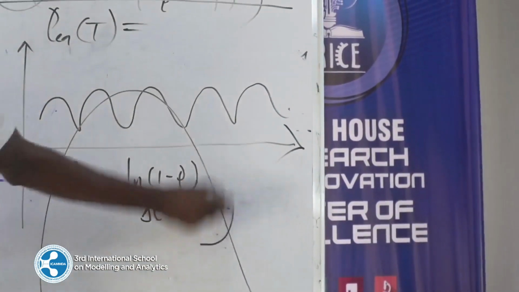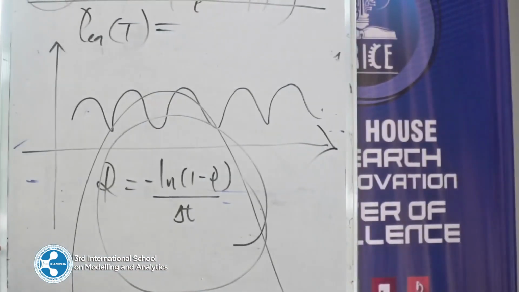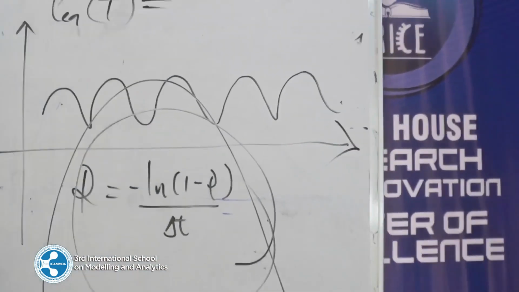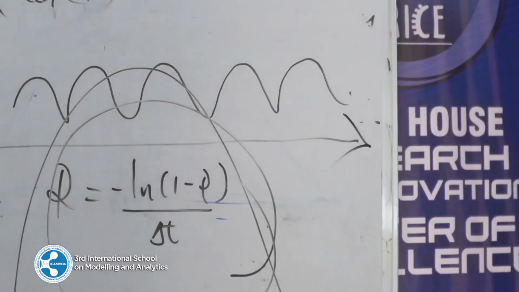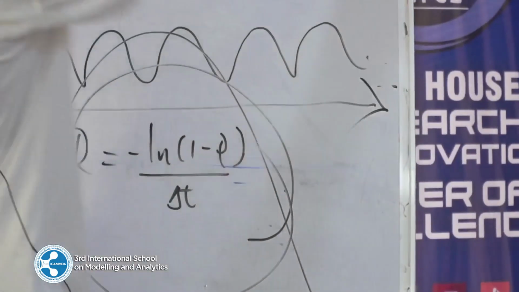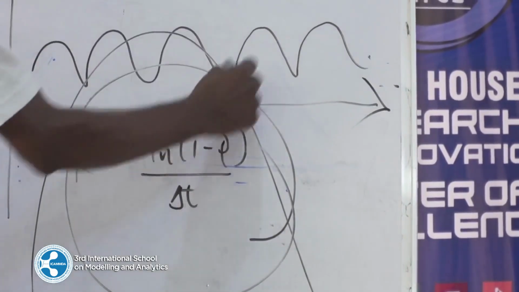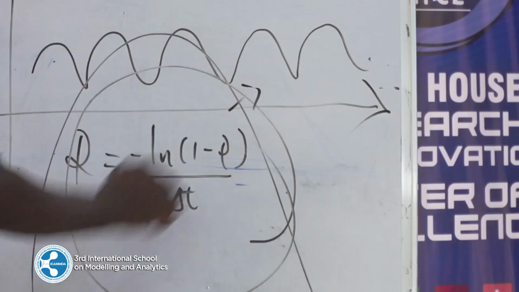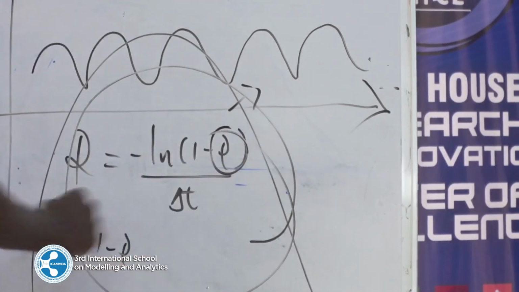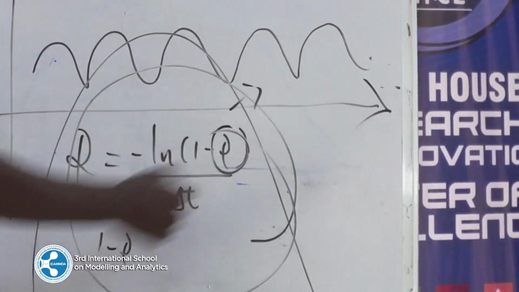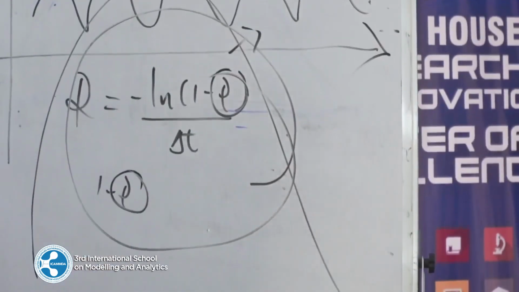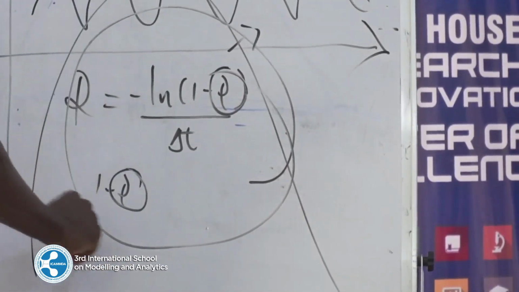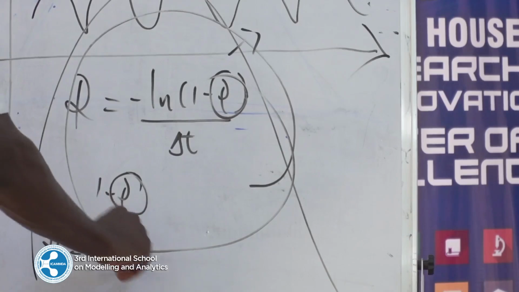Okay, please, we can write this down. It's very, very important for us. We may need something like this in our projects too. Now that we already have the probability of survival, but what we are looking at now is death, so what we have now will be 1 minus p. By the time you do 1 minus p, you will be left with ordinary p, so that this one now will be r equals minus ln p.